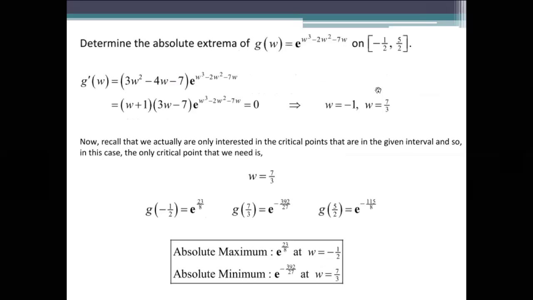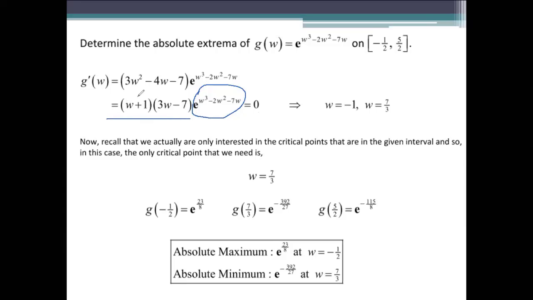And the next one, I think it's also not difficult for you now. We have an exponential function on the interval [-1/2, 5/2]. When we find the derivative of this function, we have the following one. After factorizing, the exponential function is never equal to zero, so we just find the values where the polynomial factor equals zero.